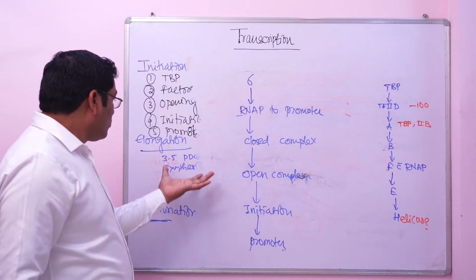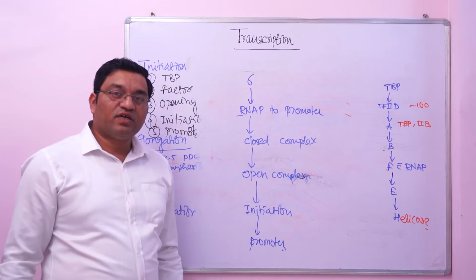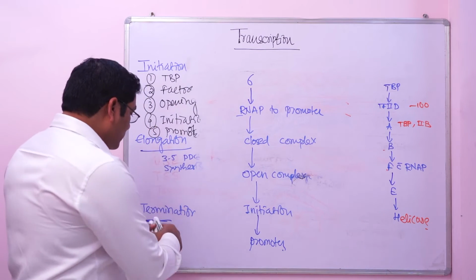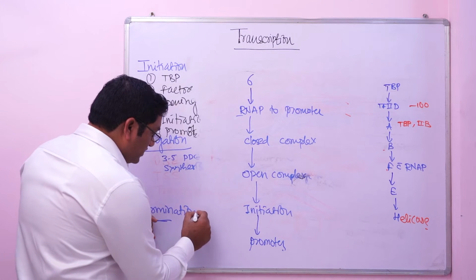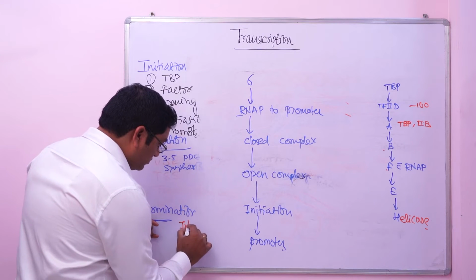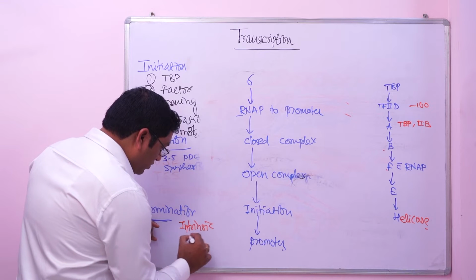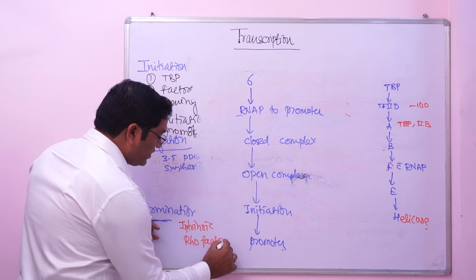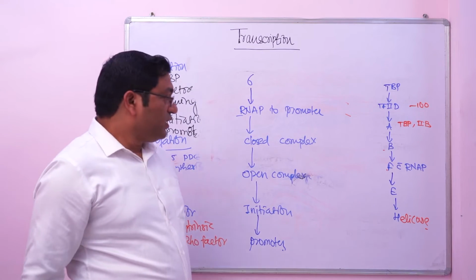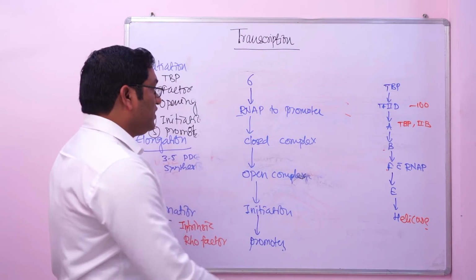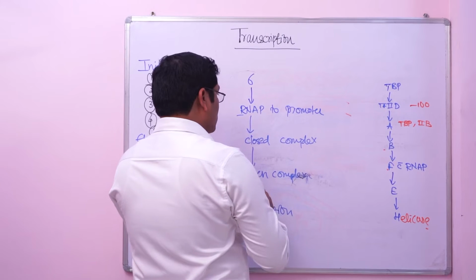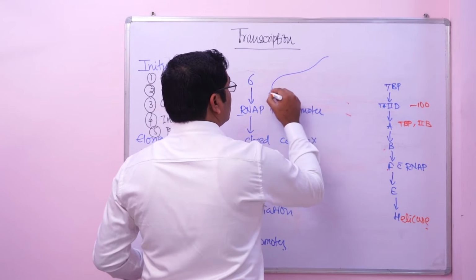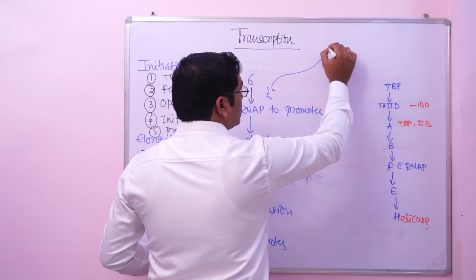So these are the sequence in the prokaryotic synthesis. Rest of the process is the same. Again, there is a difference in the termination. In the termination of prokaryote, there is intrinsic termination and rho factor dependent termination. These are the two types of termination in prokaryote. In intrinsic termination, suppose this is the newly synthesized RNA molecule, this is the 5' end and this is the 3' end.